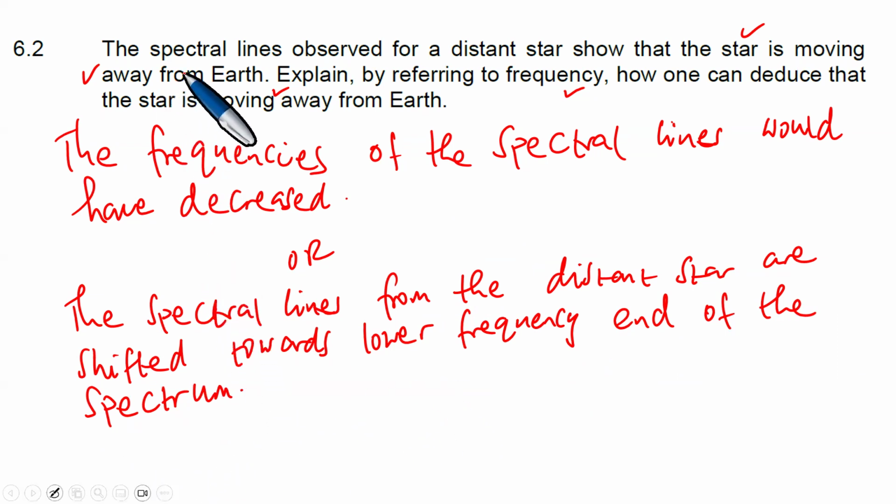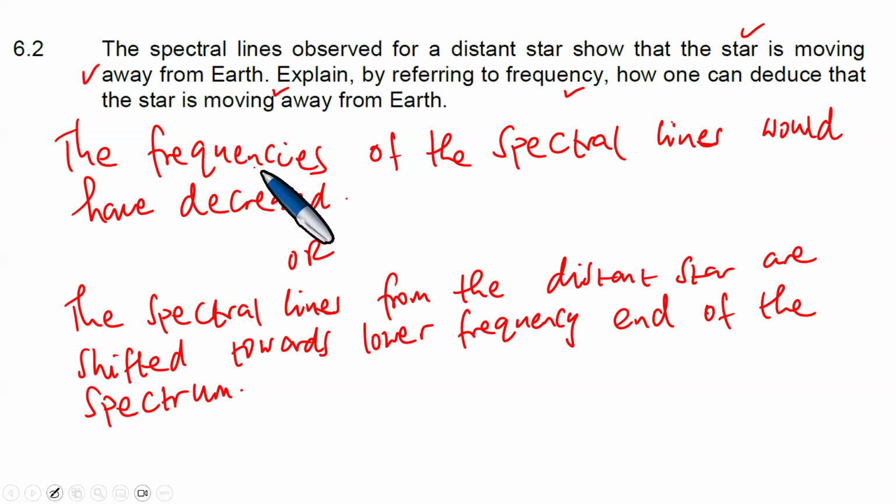So we're saying the spectral lines observed for a distant star show that the star is moving away from Earth, and we explain by referring to frequency. The frequencies of spectral lines would have decreased. If the frequencies decrease, it means the star is moving away from Earth. That's how we can use frequencies.